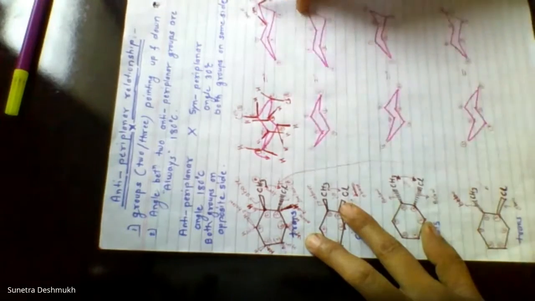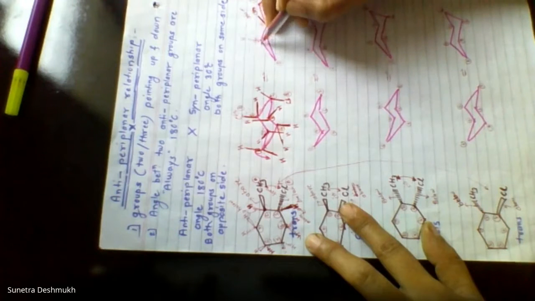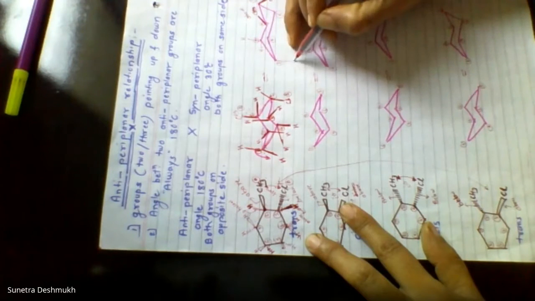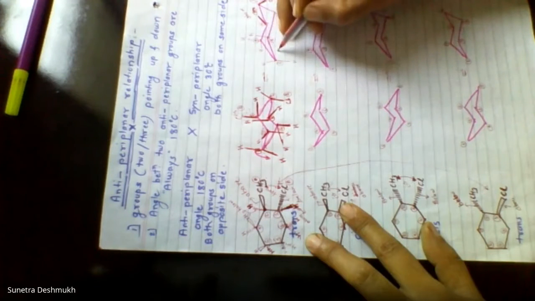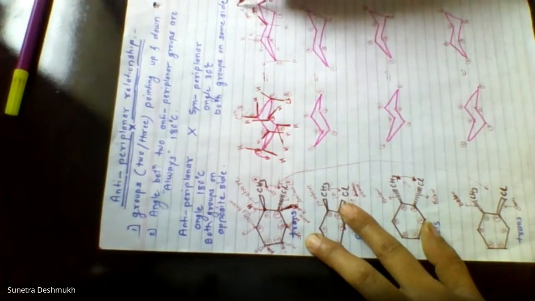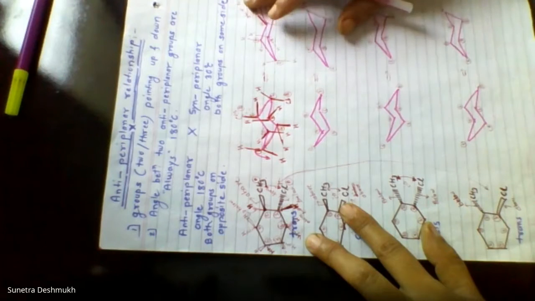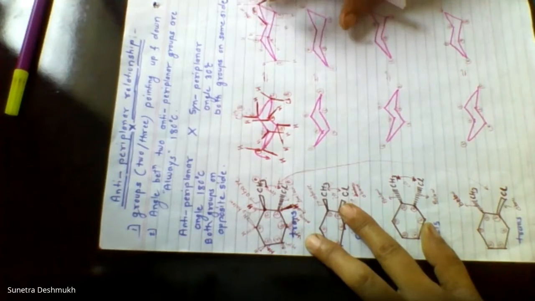Okay, now after flipping you have to write whatever is present over here. Now I will draw all hydrogens present. Simple.